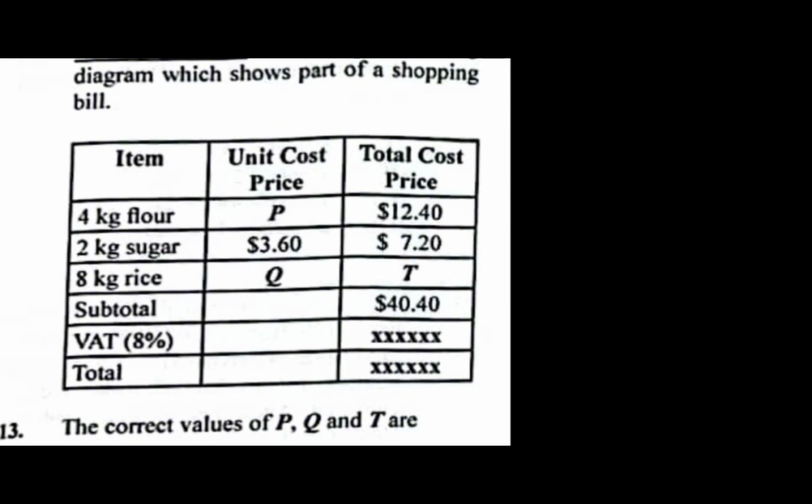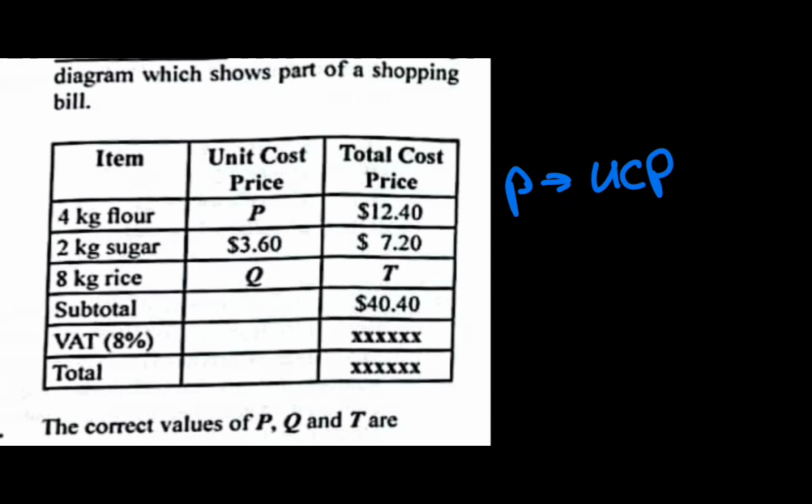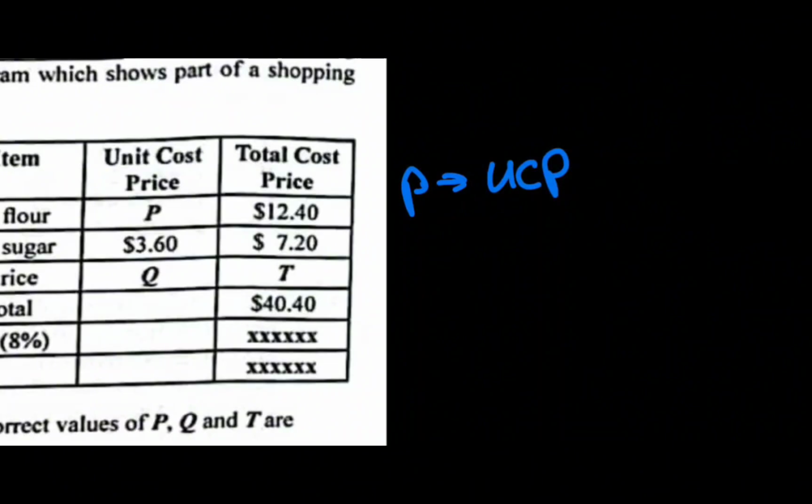To get P, we need the unit cost price, and this would be the total cost price being divided by the number of items.